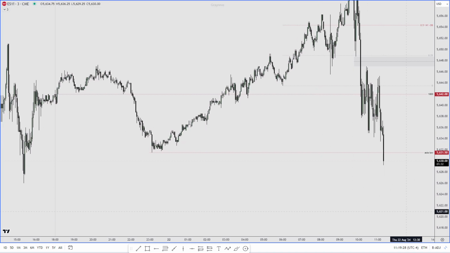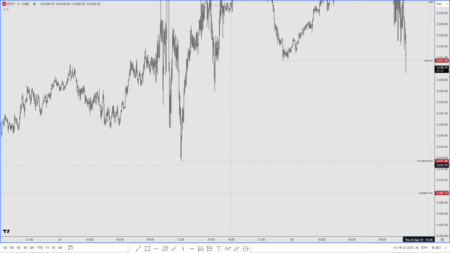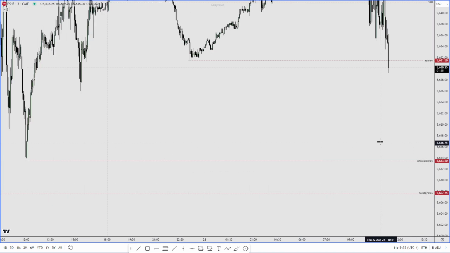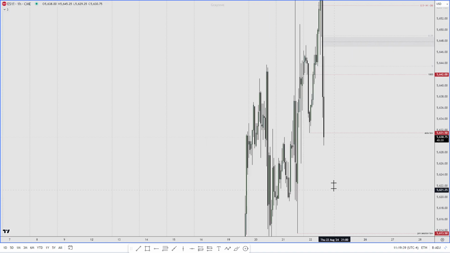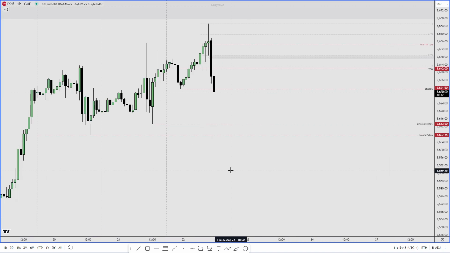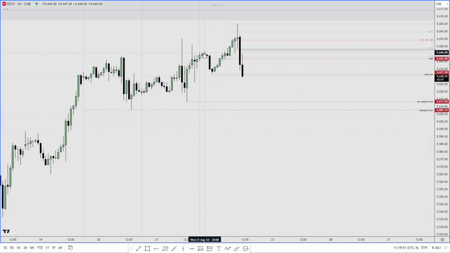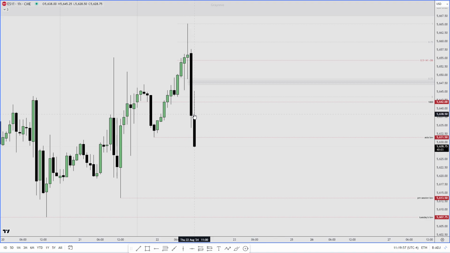Let's see if it wants to overextend into the Tuesday's low, right? So on a 1 hour we have a fair value gap. Let's see if we close below here, right? If we close below this level here, this swing low, this is the breaker, which I hope we don't, so that we can possibly trade up into this level here.